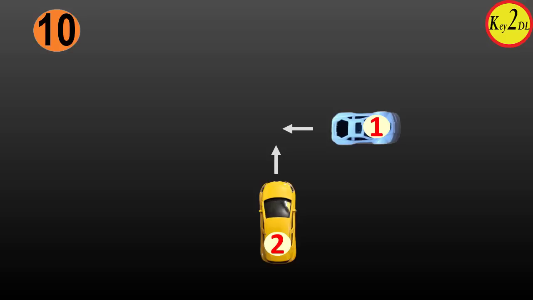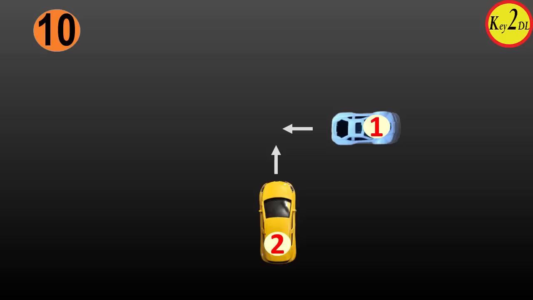Now situation number 10, and you will come across this type of situation many times in your driving life, where there is an open field and there are 2 cars coming, or many cars are coming. So which car should go first and which car will wait? In this situation there are two cars in an open field with no sign.